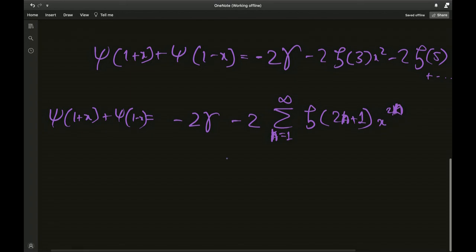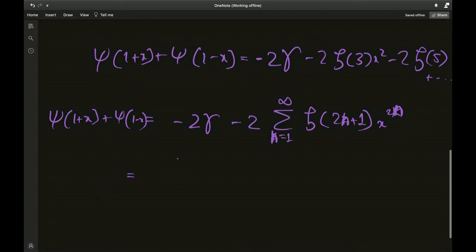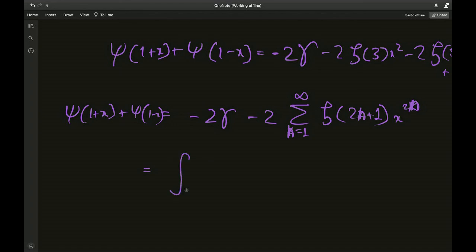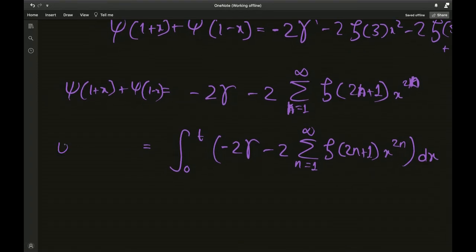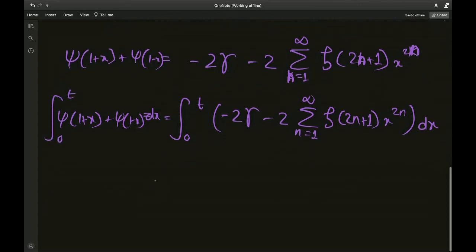Well, what if we integrate? So if we integrate from 0 to t, negative 2 Euler-Mascheroni minus 2 times the sum from n equals 1 to infinity, zeta of 2n plus 1 x to the 2n, dx. And I would have to do that on this side as well. Fair enough.